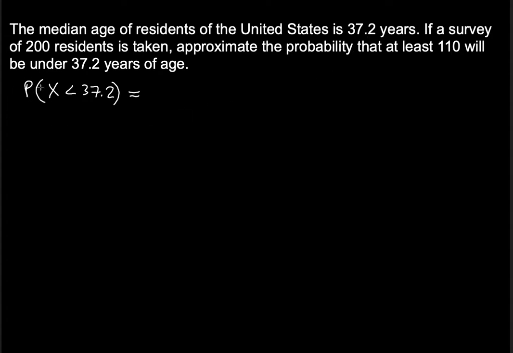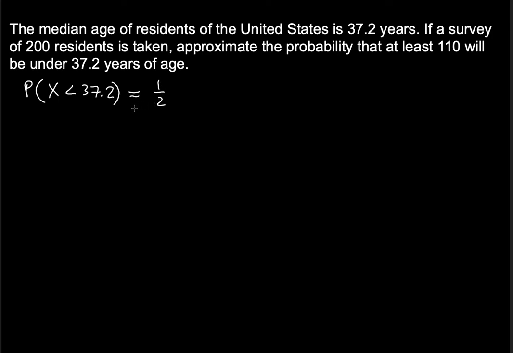So the probability of being younger than 37.2 is going to be 1/2, because the median divides the total area in half at the value of 37.2. So that's good. Now we found the individual probability of someone being younger than 37.2 years of age, 1/2.